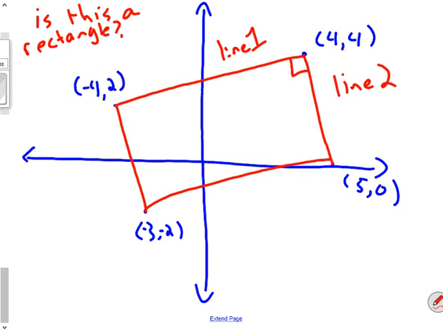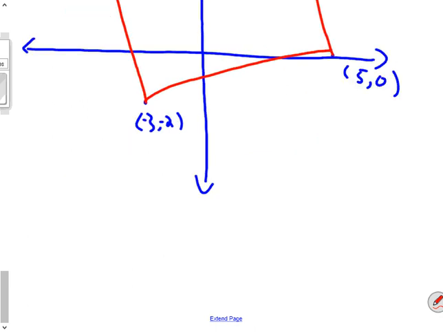So we'll calculate the slope for line 1, M1. Was it negative 4 and 2? So that's going to be 2, negative 4, and then it was at 4 and 4, minus 4, minus 4.